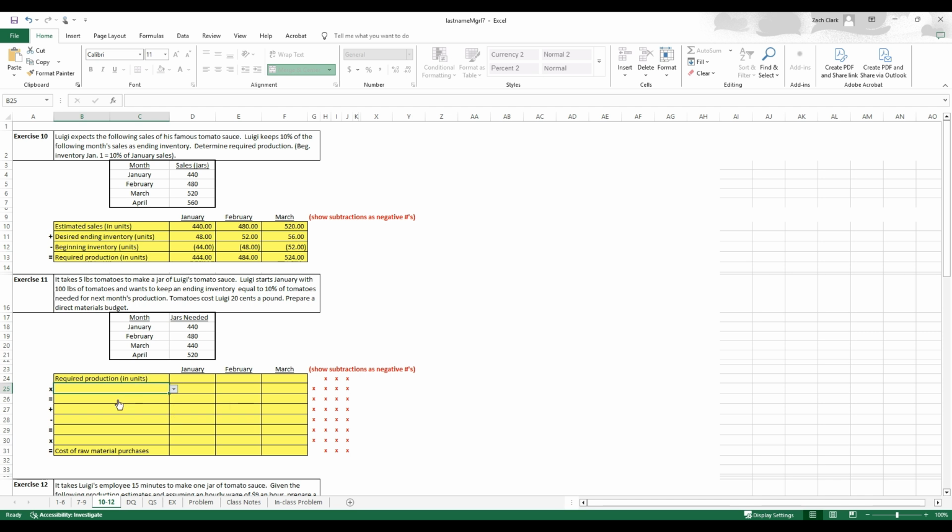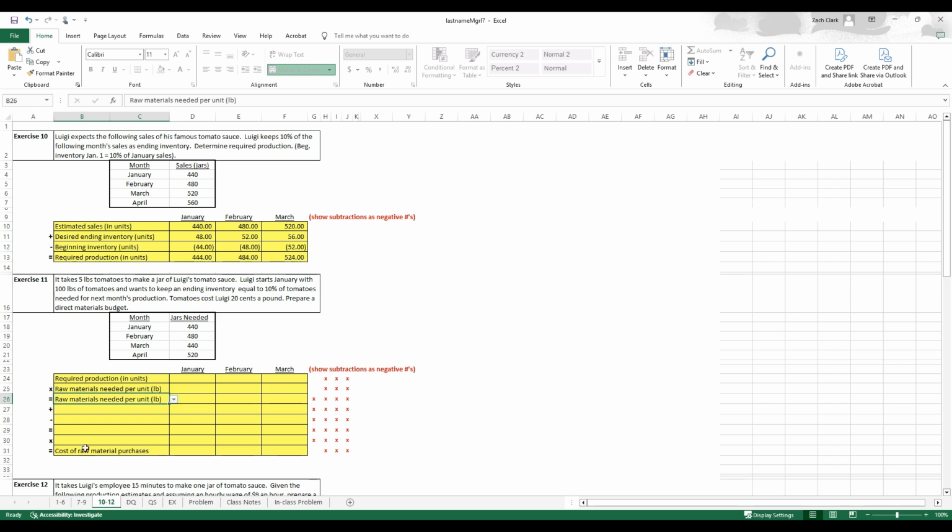We know how many units. Now we need the needed per unit. So if we say in January, we have to calculate that. Let's put all the formula together first.